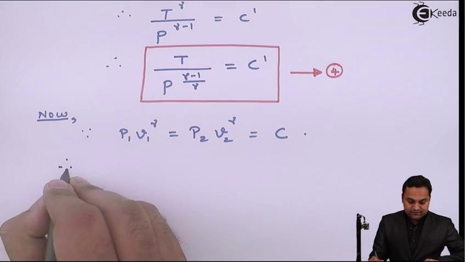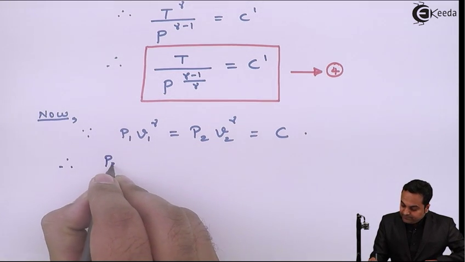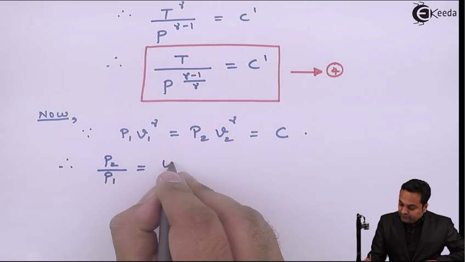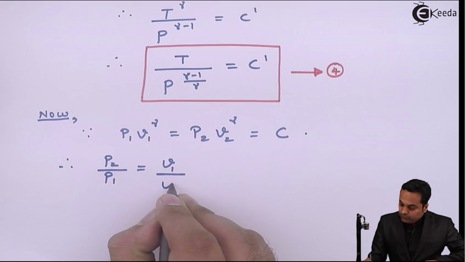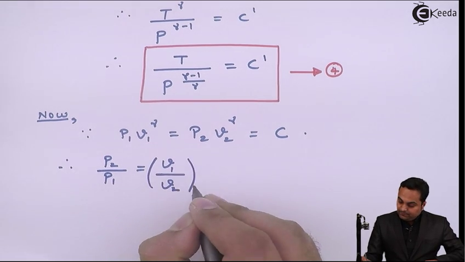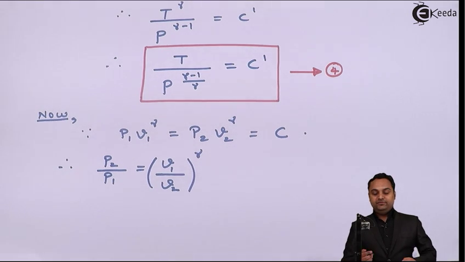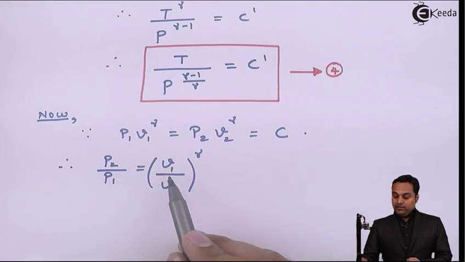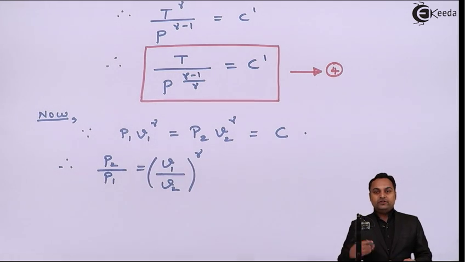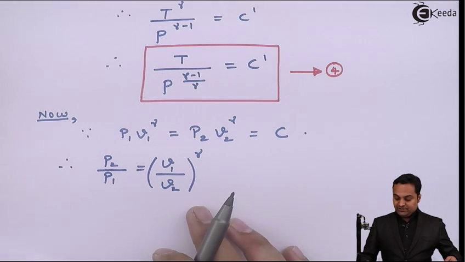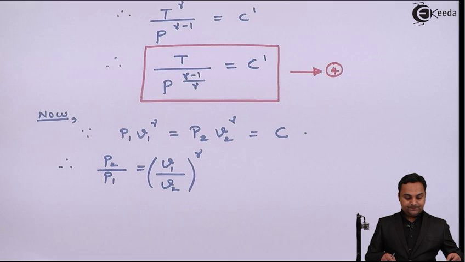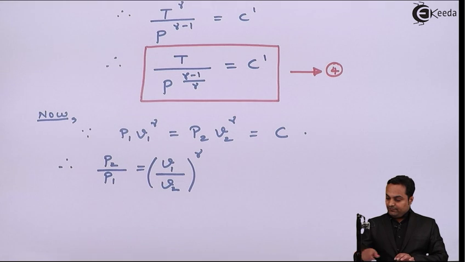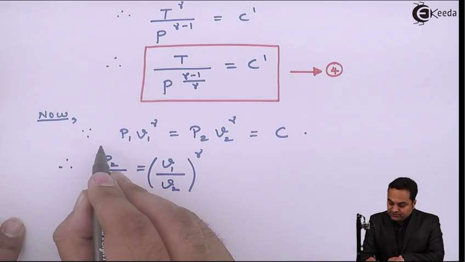Next, therefore I will write P2 upon P1, P1 will be shifted, that will be equal to V1 upon V2, and that complete is raised to gamma because both of them are having raised to power gamma. So if I write V1 raised to gamma upon V2 raised to gamma, I can write them as V1 by V2 raised to the power gamma as a complete equation. Next, after reaching this stage, I can say that I have got the relation between pressure and volume. So keeping this as equation 5.